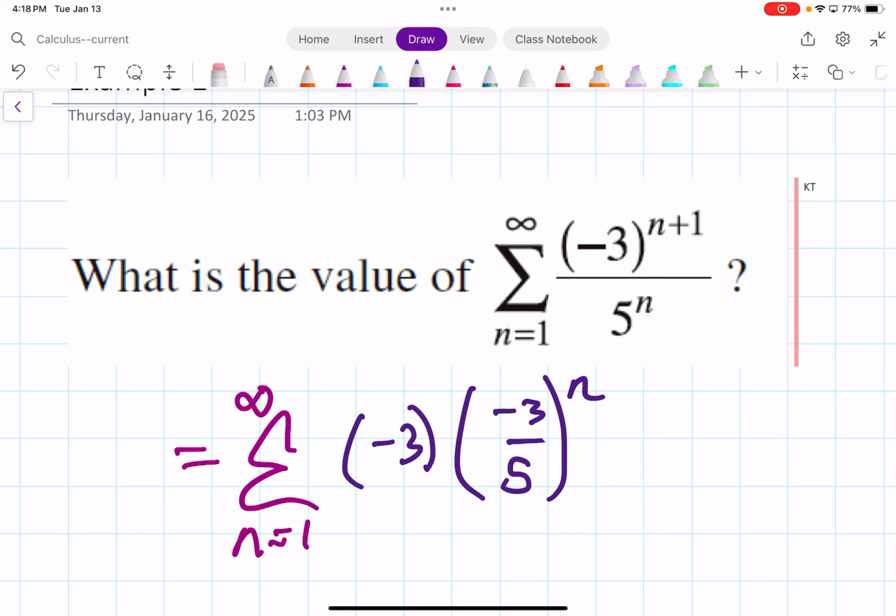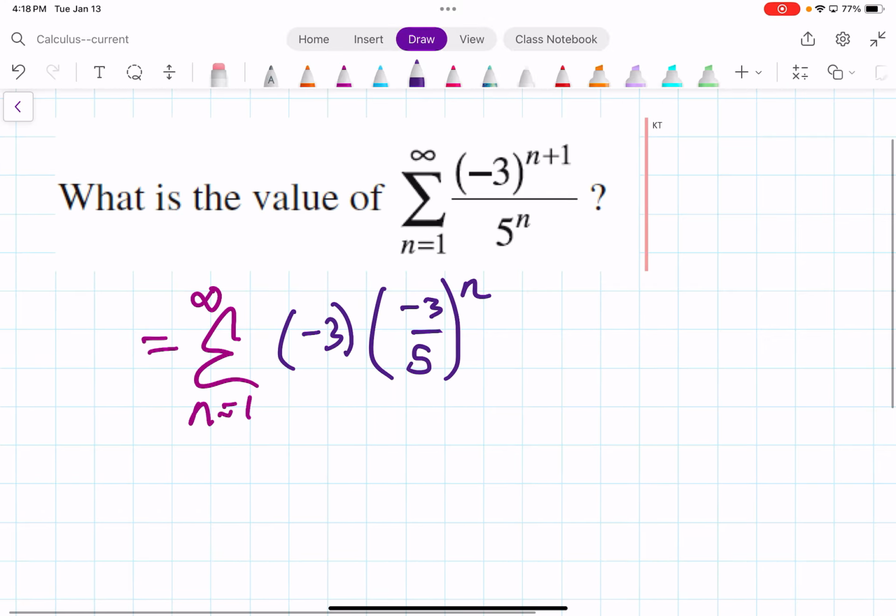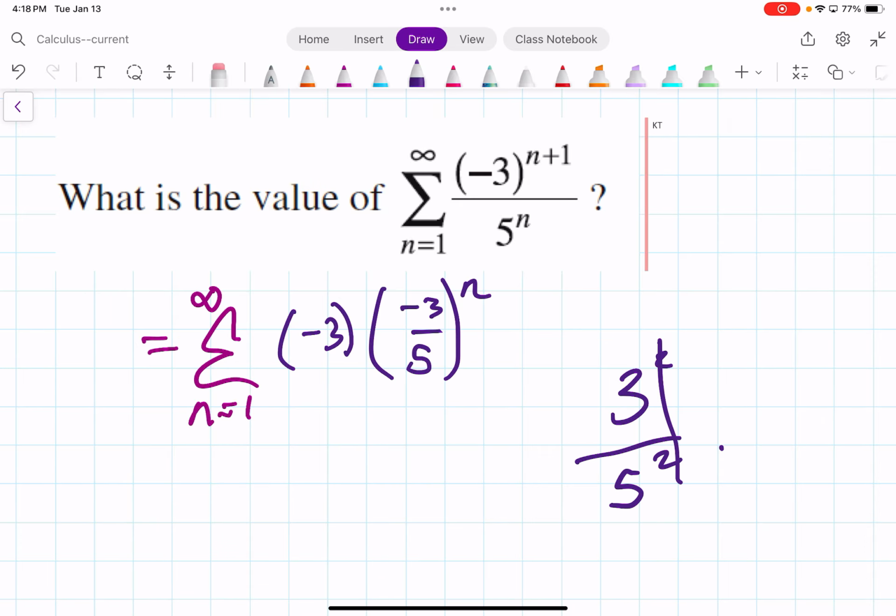How do your n's not cancel out? Go to the -3 to the n on top and 5 to the n on the bottom. You would never do that if I wrote this with a number, because this is 9/25, right?